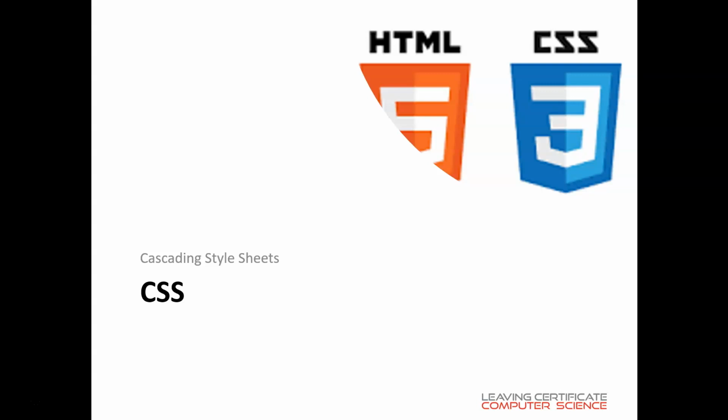The advantage of that is that we can have one central place: if we want to change the style of a web page, we only need to change one source instead of going to every individual page on the site. And the second advantage is that once the CSS is separated from the HTML, it can actually work better.